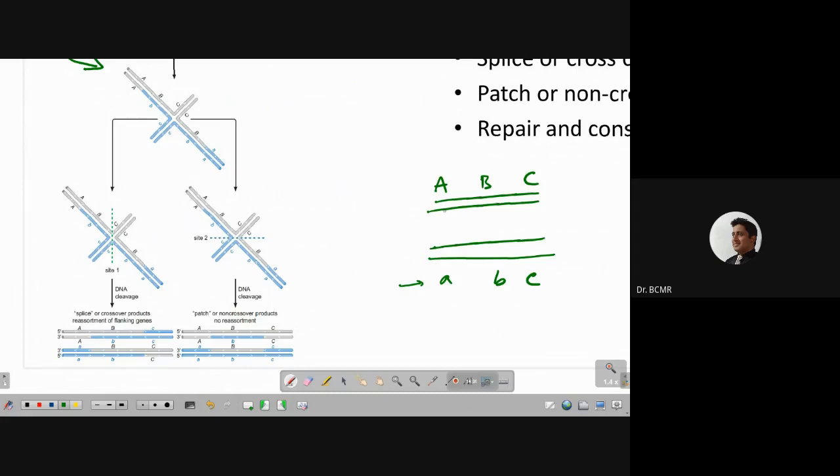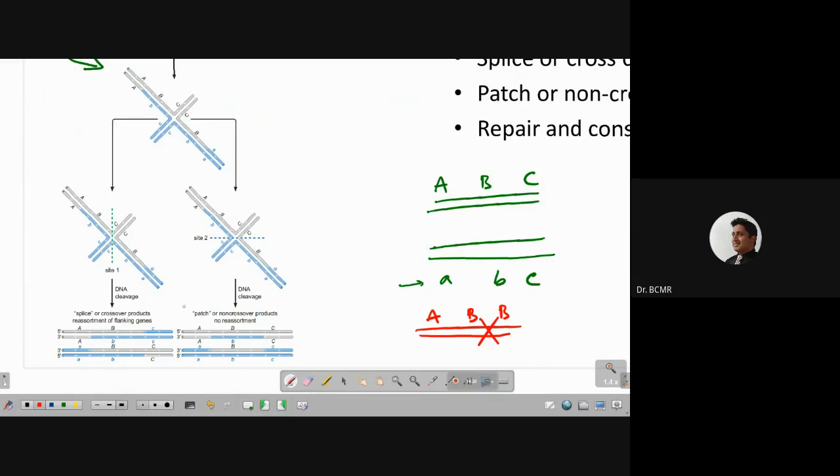What I mean is you should get two independent DNA molecules, both of which have A, B, C. You should not get something like A, B, B. If you get something like that, then it is going to be wrong. When you're resolving, you need to take care of those things.